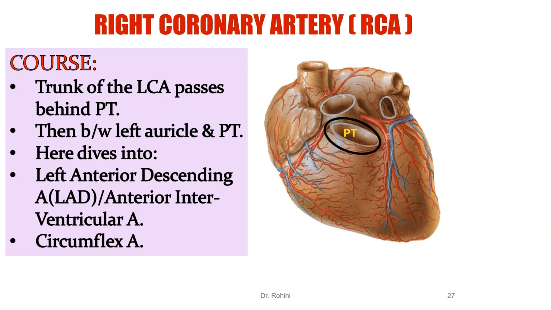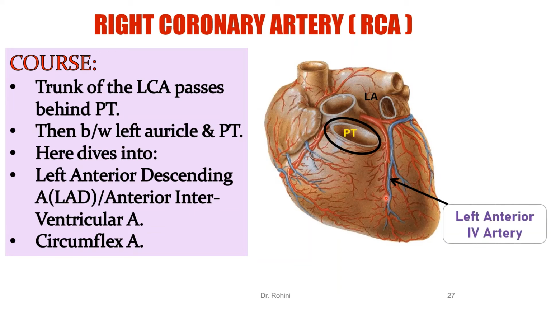Okay, so first it runs in between the pulmonary trunk and the left auricle. This is your left auricle. And then it divides into one branch going downwards anteriorly, and it is arising from the left coronary artery, so it is called the left anterior descending artery, or as it is running in the anterior interventricular groove, it is called the left anterior interventricular artery.